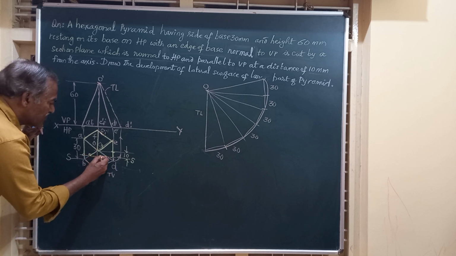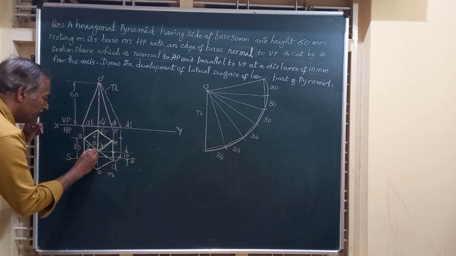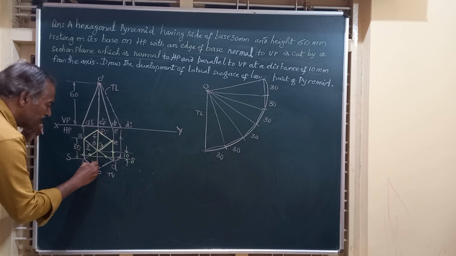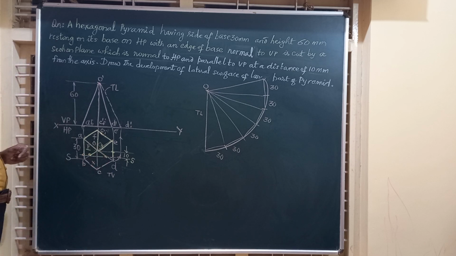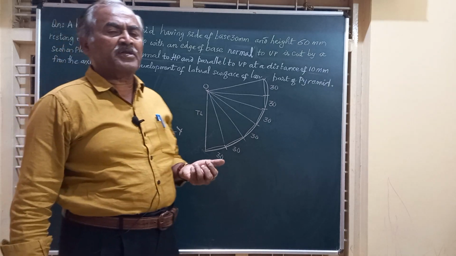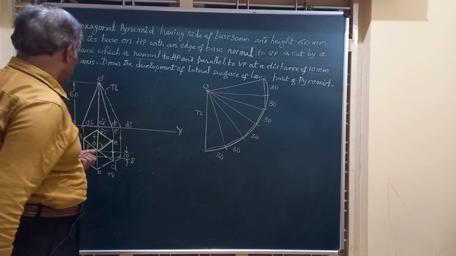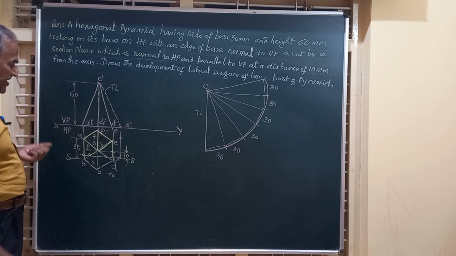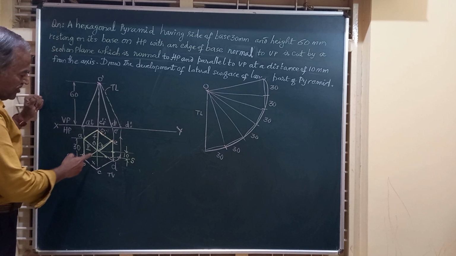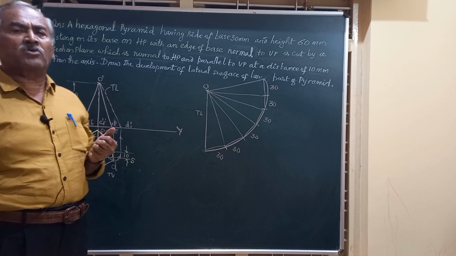This is the portion that we are going to retain for drawing the development, and the lower part we are going to throw out. Whatever portion of the pyramid I have shown in dark lines is going to be developed here.